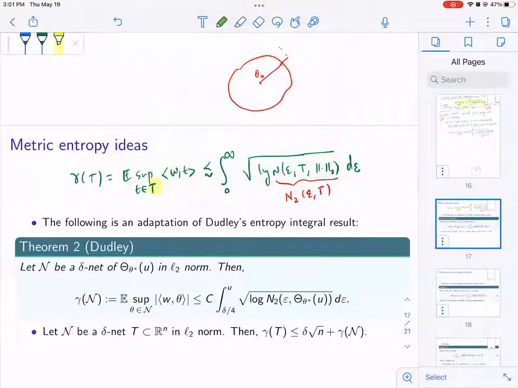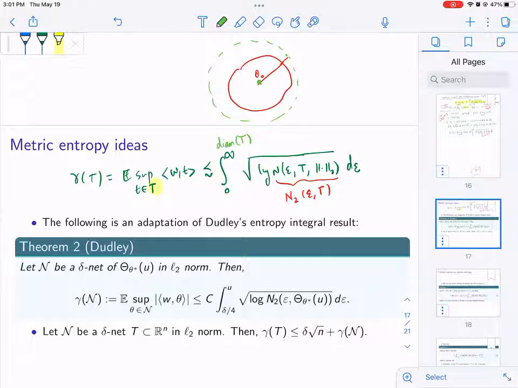So if epsilon is large enough, a single point centered here would do, then N would be 1, and the log would be 0, and above which it's 0. It's usually written like that for simplicity, but it's understood that you can always go up to the diameter of the set, and then after that you stop.